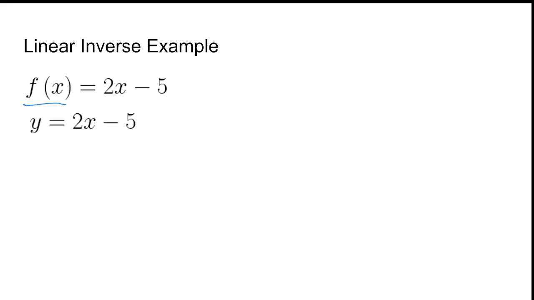And here it is. Remember, it's sort of like the X: I put in an X, I do the math, and I get to the Y. So to create an inverse, all you really need to do is switch the X and the Y. This is the inverse step. And so we just rewrite this as X equals 2Y minus 5.